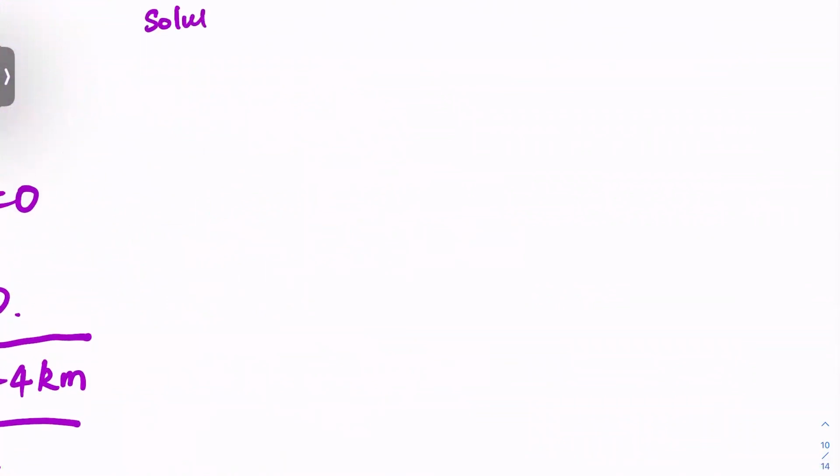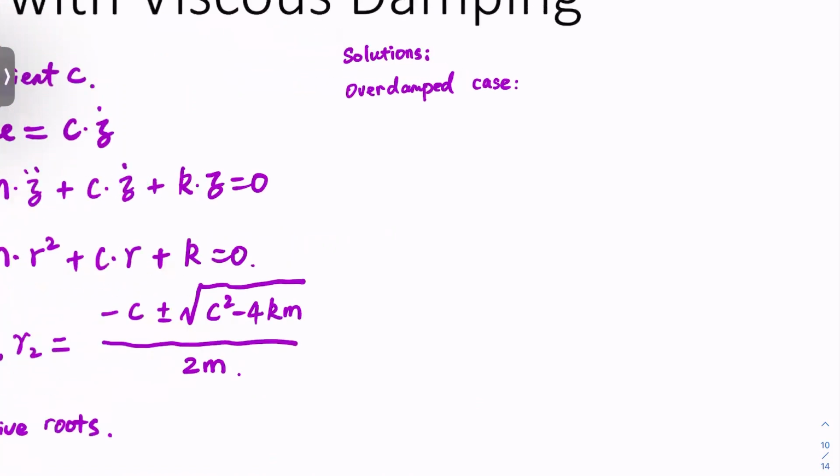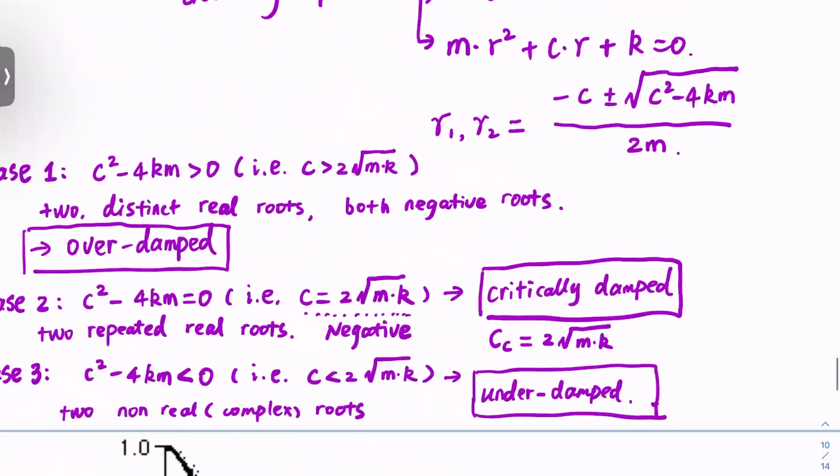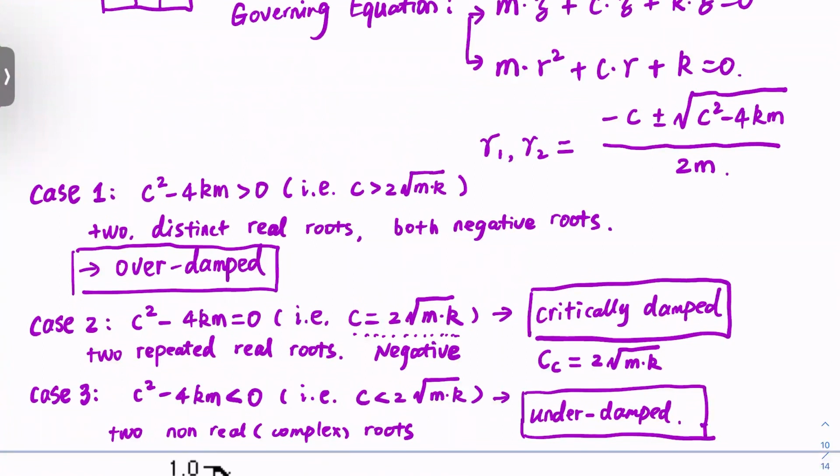Solutions. Overdamped case. So overdamped, we have 2 distinct real roots.